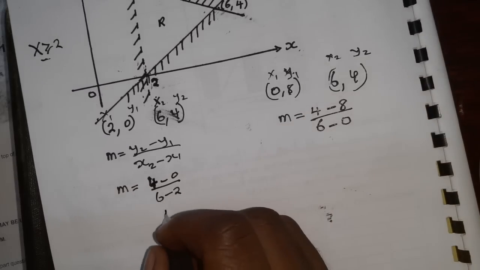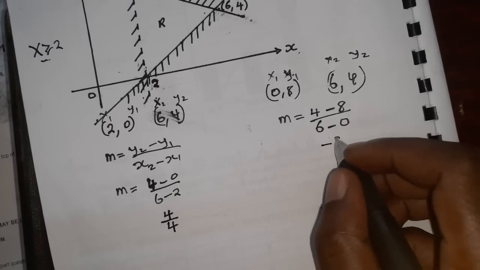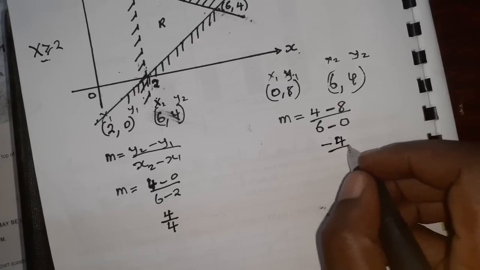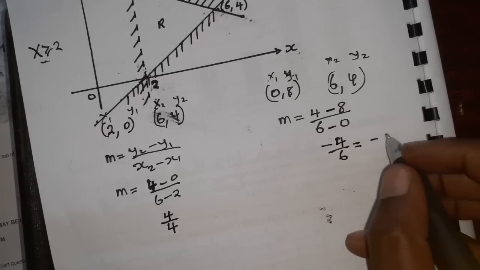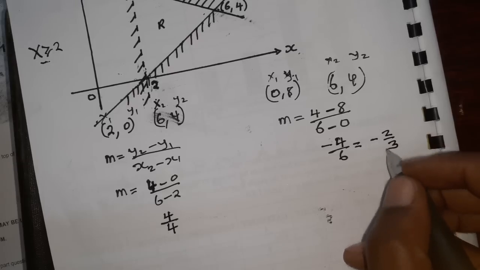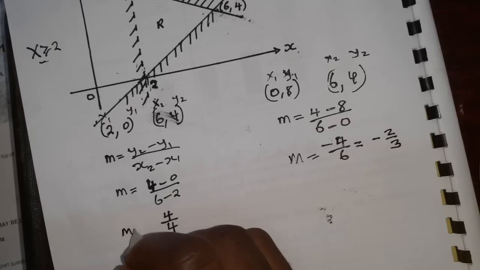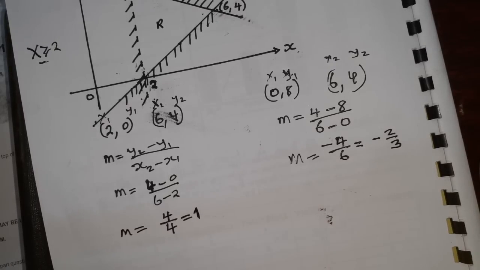So what do we get here? Here we get 4 over 4. Here we're going to get negative 4 over 6, which you can simplify as negative 2 over 3. This is our gradient here. Then this side, our gradient simplifies to 1.